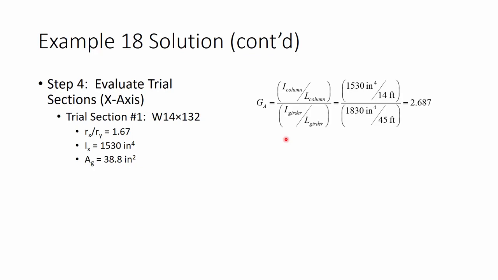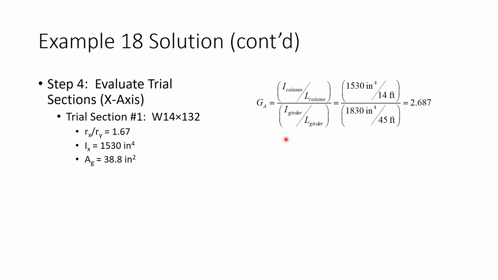Now remember, the formula that we're seeing on this slide really only works for this particular example, just because of the way the framing worked. There were 2 beams and 2 columns framing into that joint A that were identical. But if your frame is different, you're going to need to reevaluate that. So I've got all the data here, the I over L for the column and the I over L for the girder.